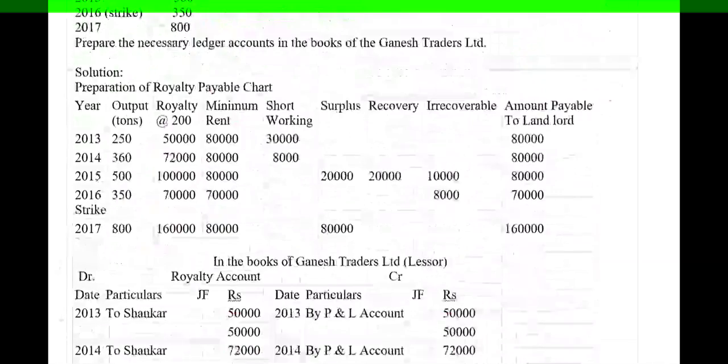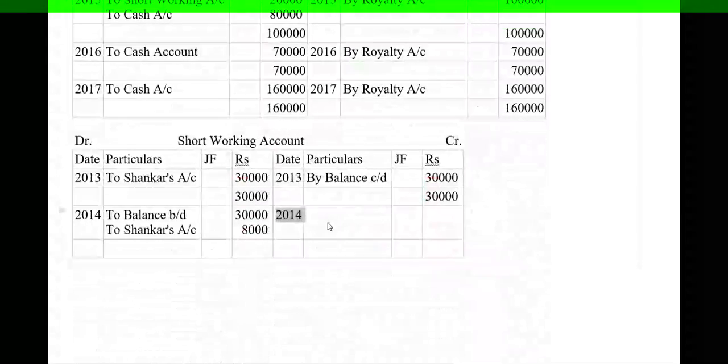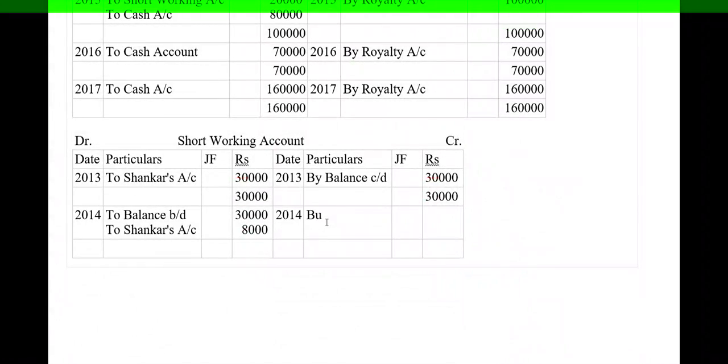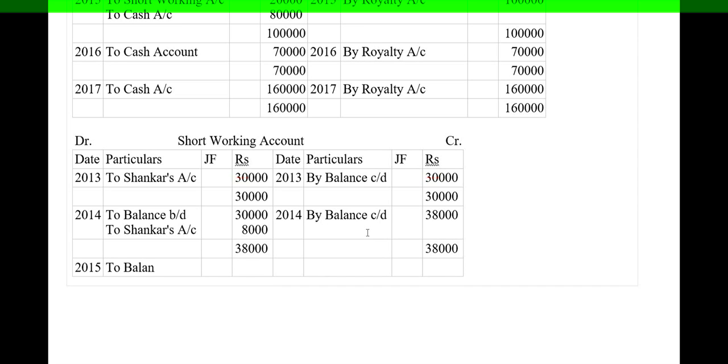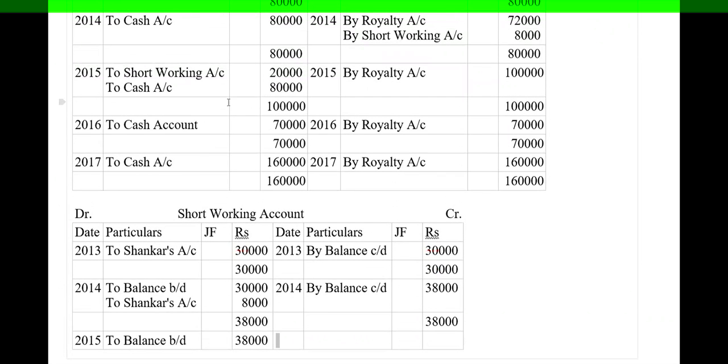Here there is no recovery, right? So by balance carried down, we should add this here. So it will be 38,000. Then in 2015 this will be brought down. So to balance brought down, 38,000.